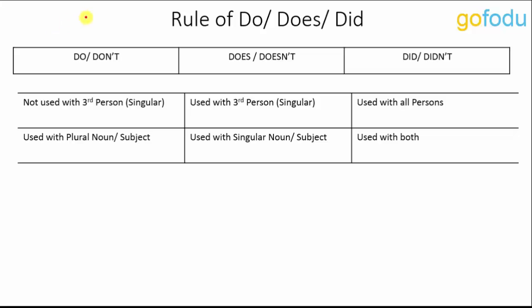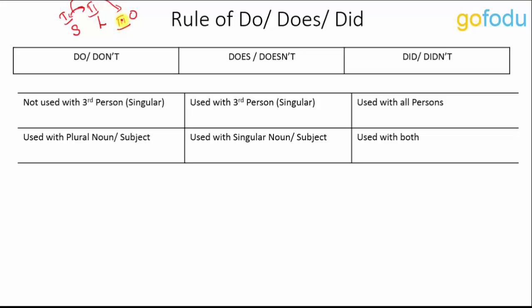Let's say two people are talking. Then one is speaking, one is listening, and the third one is someone regarding whom these two are talking. So the person who speaks is the first person, the person who listens is the second person, and the one about whom they are discussing is the third person.